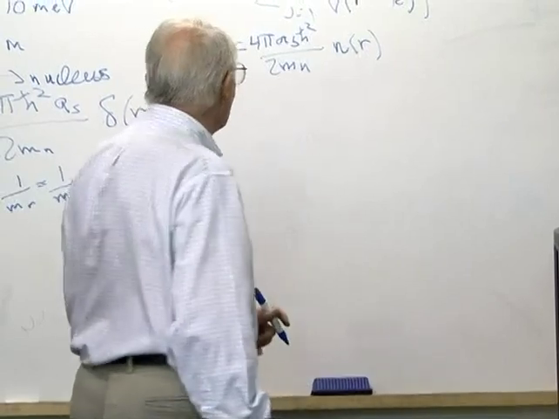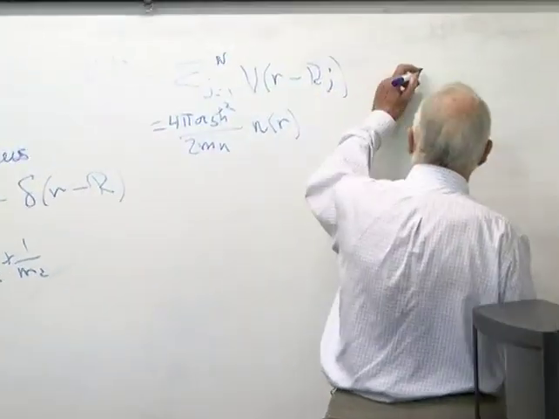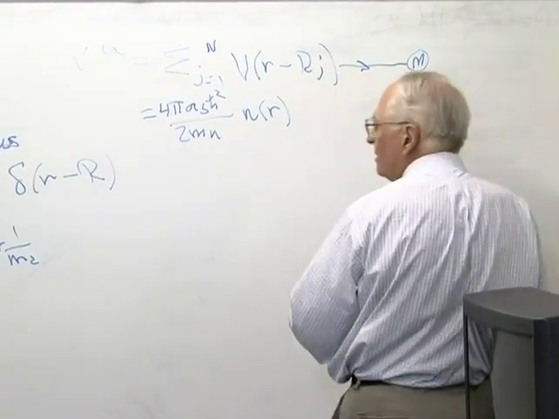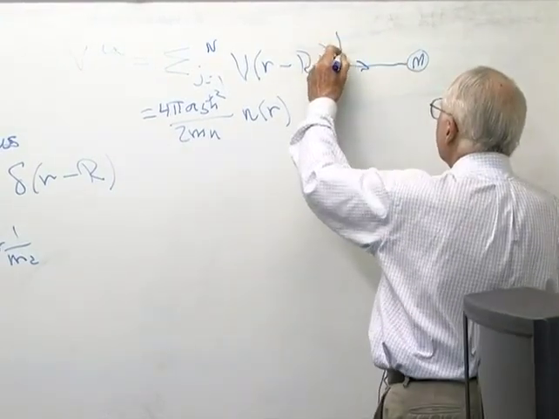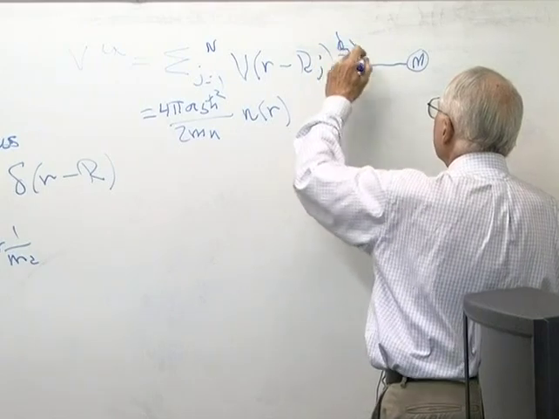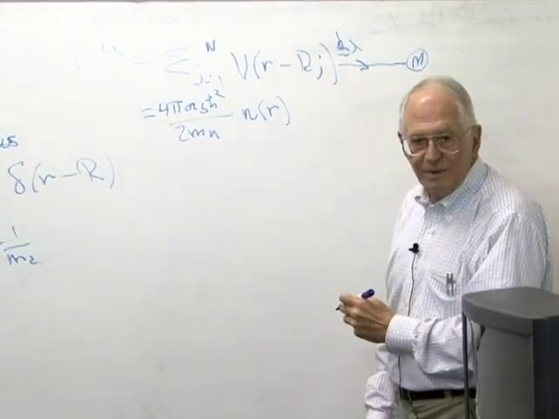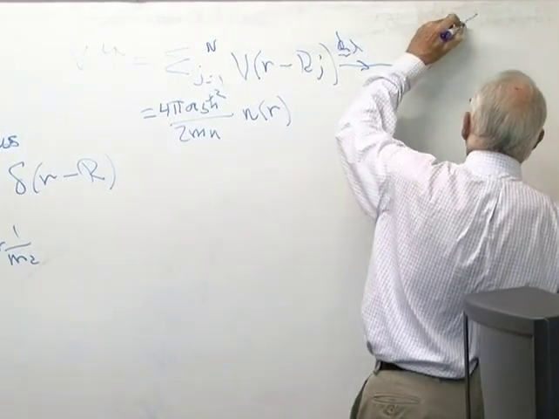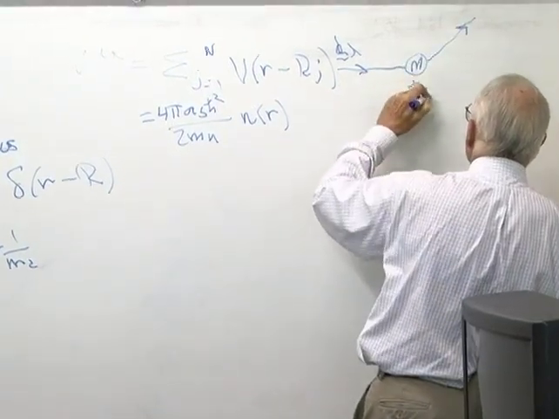And so now we're going to have a little picture of a target. We have an incident neutron, and the incident neutron will have a wave number k and a spin projection lambda. So this refers to the neutron. It goes out like this. This is the target.